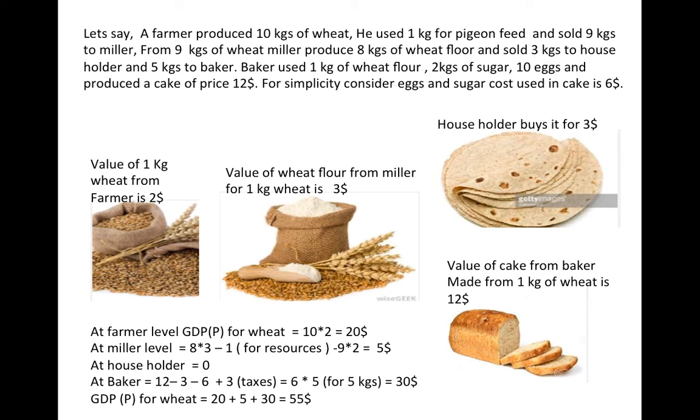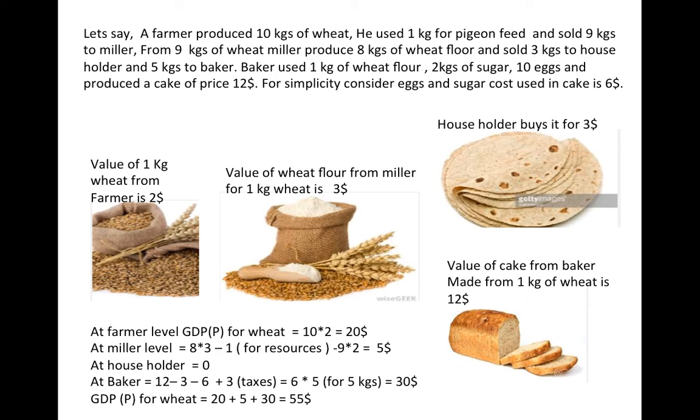At miller level, he sold 8 kgs of wheat flour at a price of $3, which is 8 into 3, 24, minus 1 for resources like salaries for staff services, minus the original price of wheat, that is minus 9 into 2, $18, which is $5. At householder, he directly consumed the wheat flour, so there's no value addition there, so it's 0.